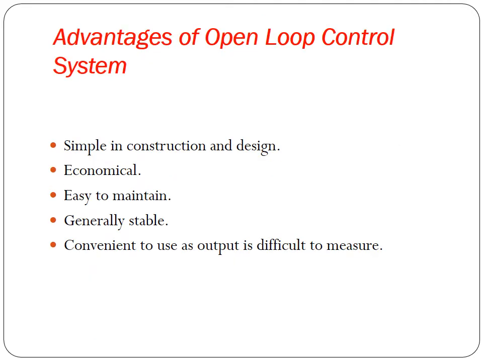Advantages of the open loop control systems include it is simple in construction and design. It is also economical to use. It is also easy to maintain, and it is also said to be generally stable. It is also convenient to use as output is difficult to measure.